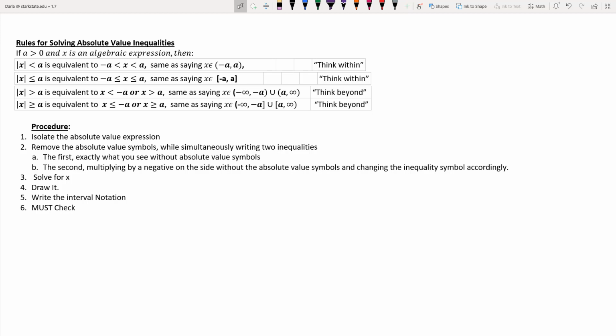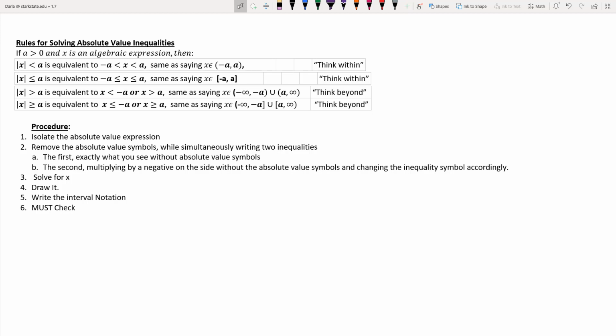If you have absolute value of x is greater than a, you're saying that your distance is beyond those a units away, and so x could be bigger than a, or x could be less than the opposite, the negative a. And so that's two different intervals being unioned together. So negative infinity to negative a, union a to infinity.